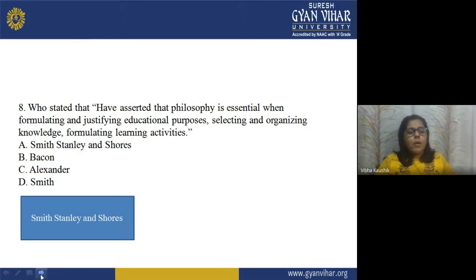Now, the eighth one: who has given this definition, who has asserted that philosophy is essential when formulating and justifying educational purposes?